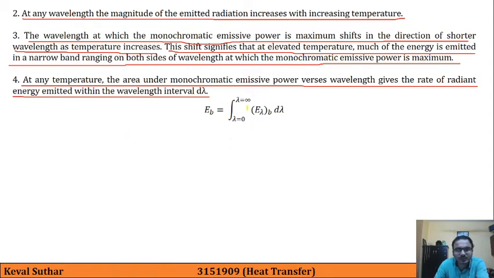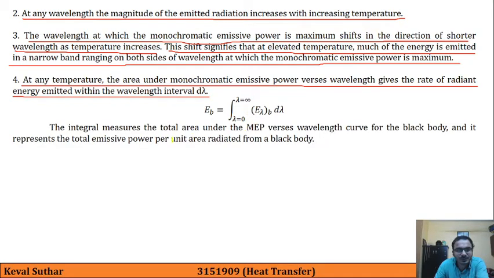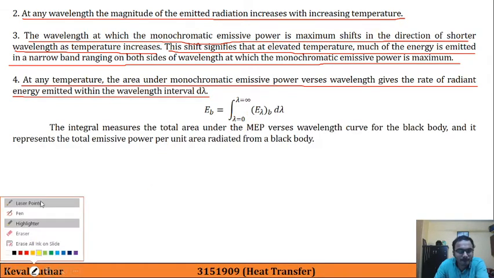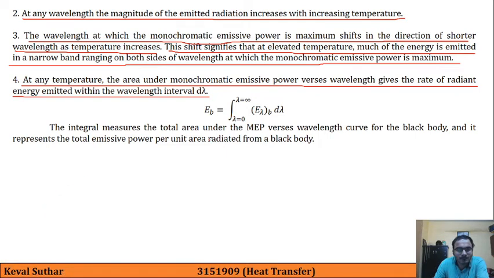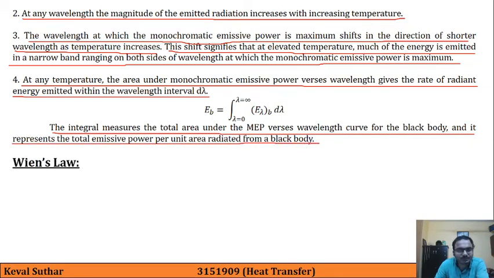That is, we can do integration in this way, lambda from 0 to infinity. The integral measures the total area under the MEP versus wavelength curve for a black body, and it represents the total emissive power per unit area radiated from the black body. Now our next theory is Wien's law.